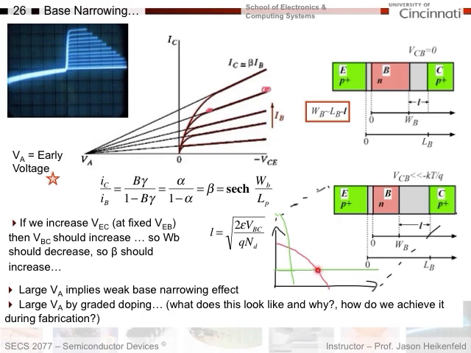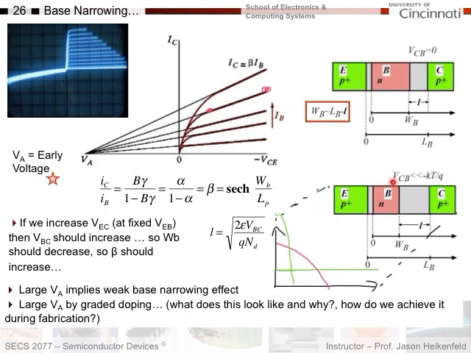Well, because the doping level increases with distance, as I go in this direction, a given voltage will have less and less distance it needs to go to uncover the amount of charge it needs, because there's more charge density to be uncovered as the doping level increases. And so when you diffuse in a dopant like this, you can actually alleviate this base narrowing effect.